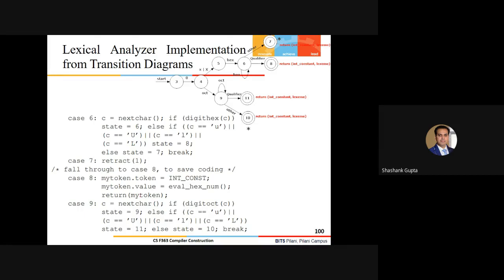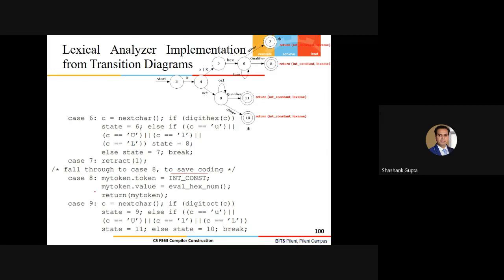And again, the same coding which we have to write. So at case 8, the same steps which we have done earlier as well. Now I'll compute the value of the hexadecimal digit in integer format, that is, integer constant, and store it in the token variable which we have described earlier, of type token.